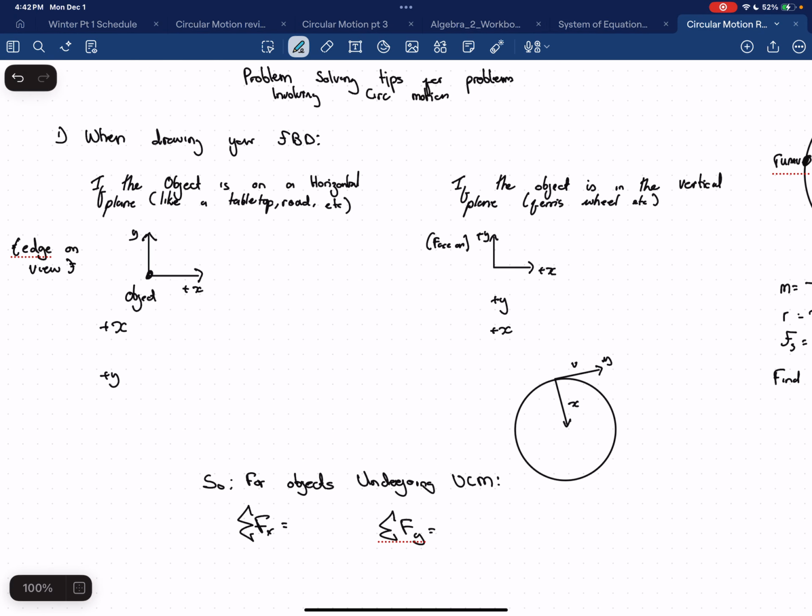Anyway, some problem solving tips for problems involving circular motion.